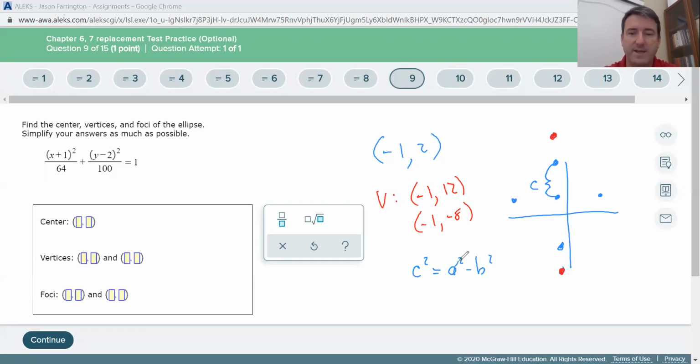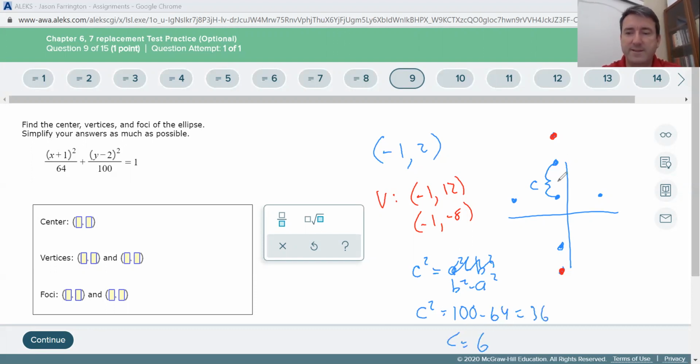And in this case, it's going to be b squared minus a squared, because b is bigger than a in this case. So it's just the difference between these two. So c squared is equal to 100 minus 64, which is 36. So c is equal to 6.